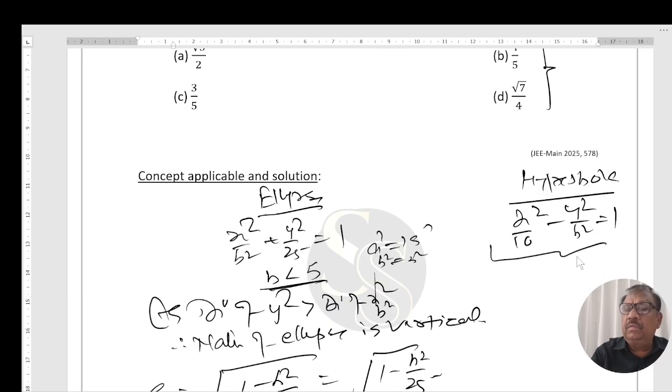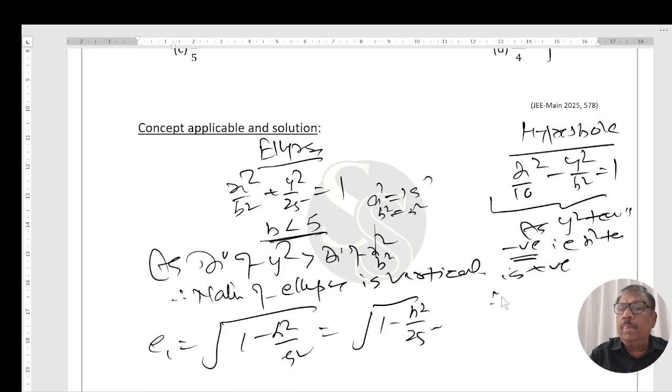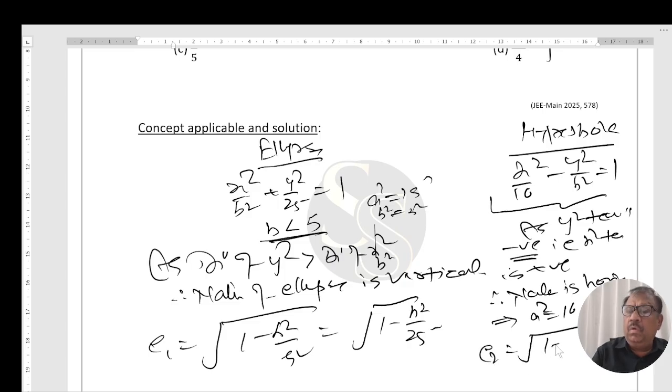As the y square term is negative and the x square term is positive, therefore the nature is horizontal. And here a square is 16 and b square is b square. And e2 will be equal to under root 1 plus b square upon a square.